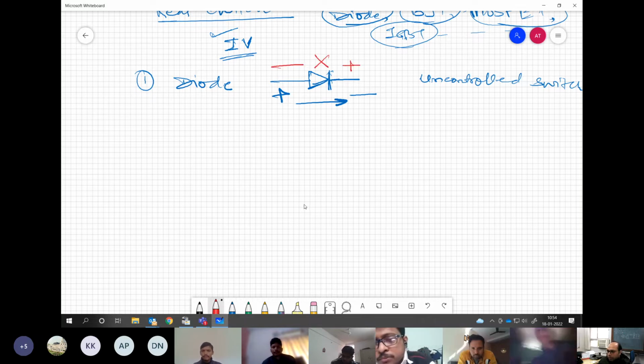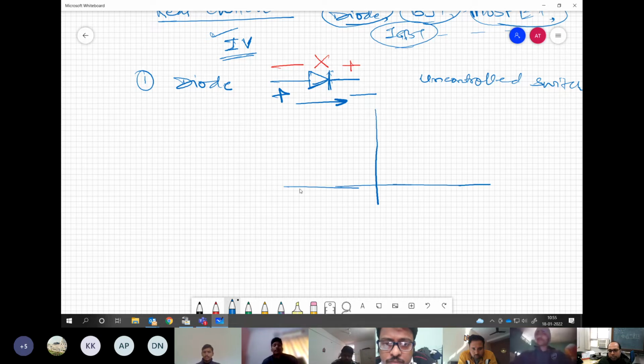You understand the point? This is the property of diode. Now, if we take the current direction as the positive direction of conduction, then the IV characteristic can be drawn. First, we draw the ideal IV characteristic. Then we go to the actual one.